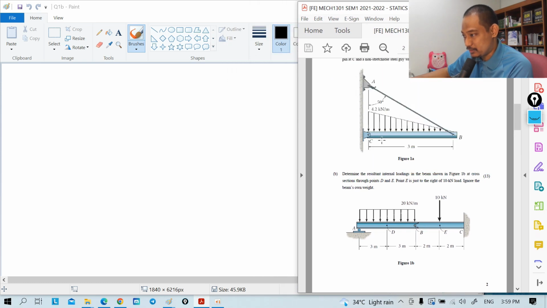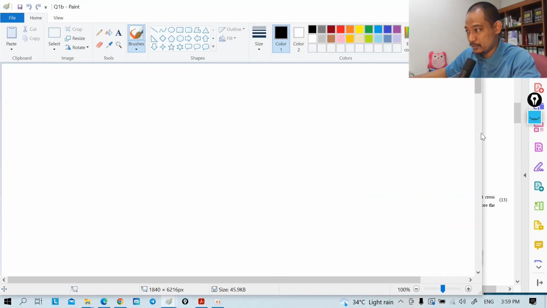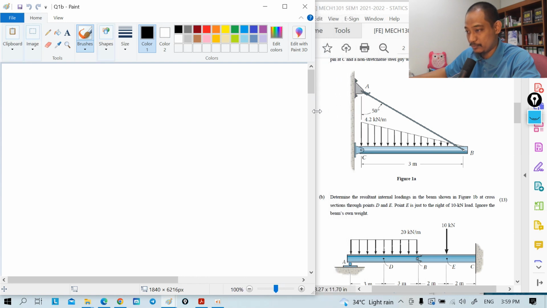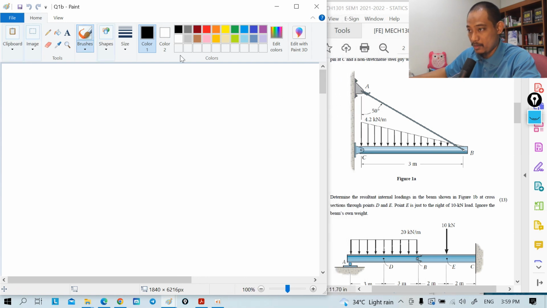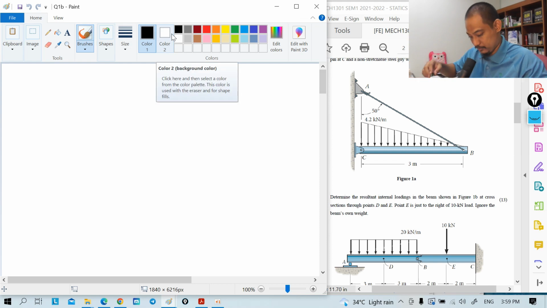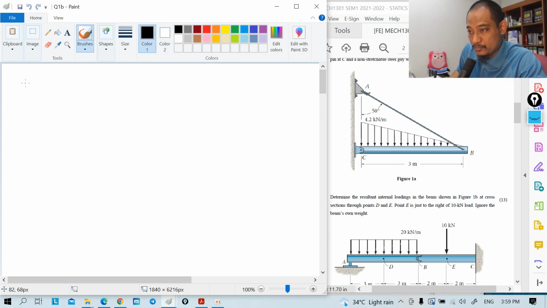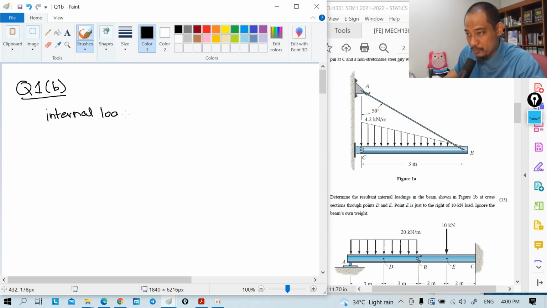So I hope you can still see this one. Alright, so let's take the key point first from question 1B. So the question actually asks for the internal loadings at D and also at E. And internal loading means what?